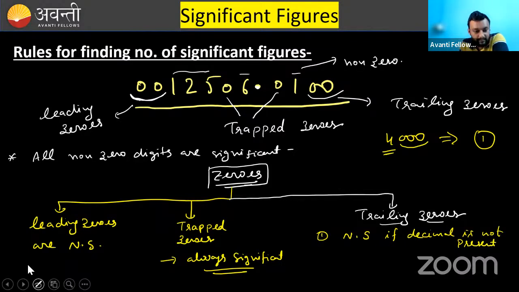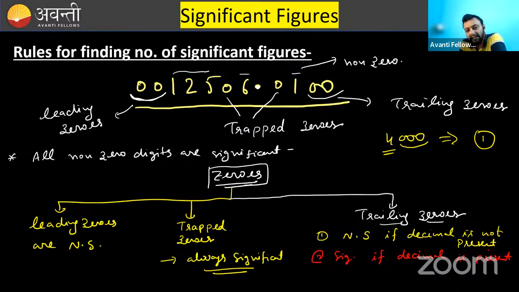Next statement is trailing zeros are significant if decimal is present. If decimal is present at any point.